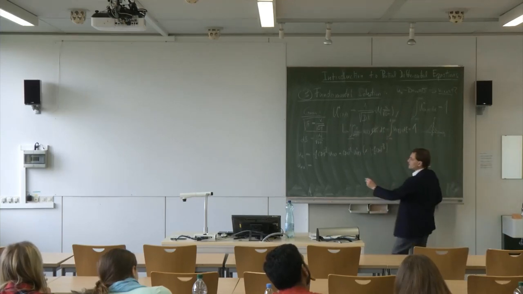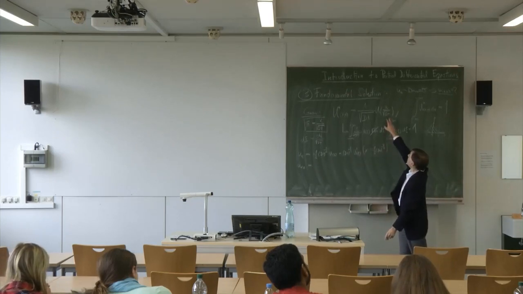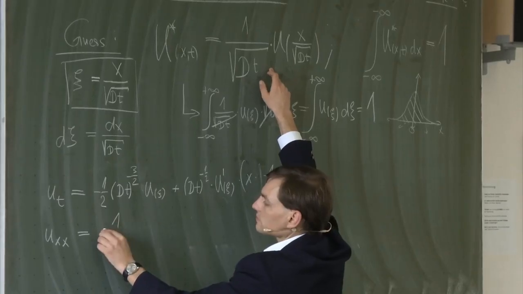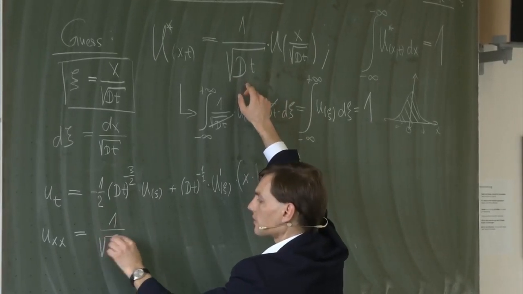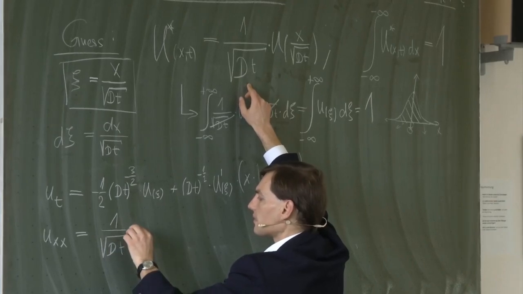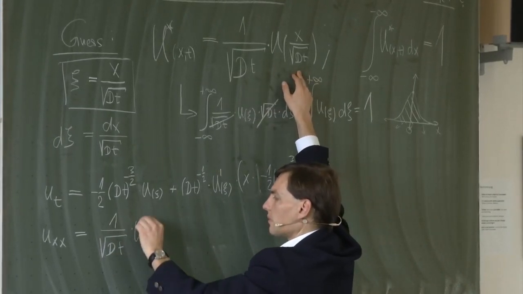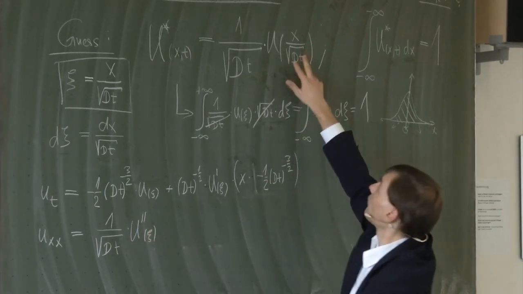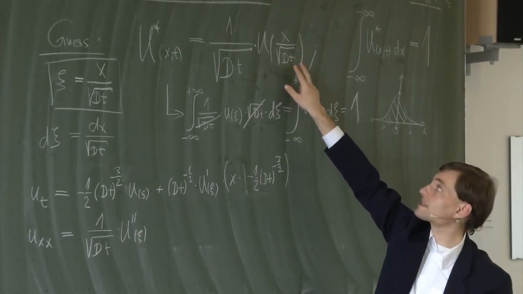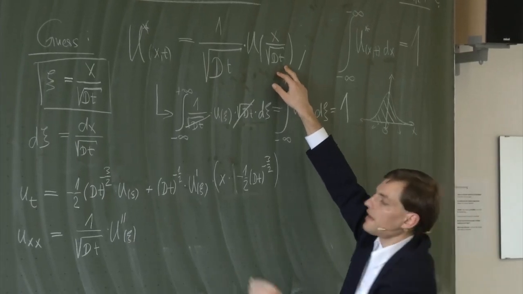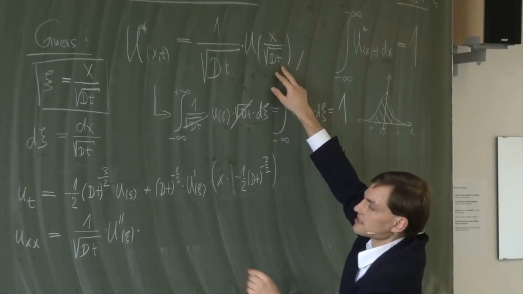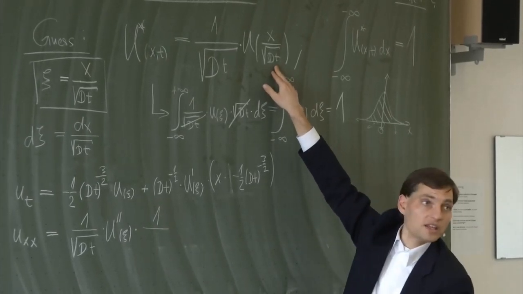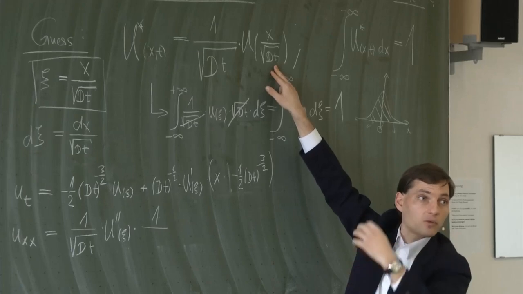For the derivative in respect of x, well, that is easy, right? Because x is only popping up here. So what we have is 1 over 4t times, well, the second derivative of this, which can be labeled as xi. And then when we have the derivative of x in respect of xi, well, the first we have square root of 4t. Second, once again, 1 over square root of 4t.